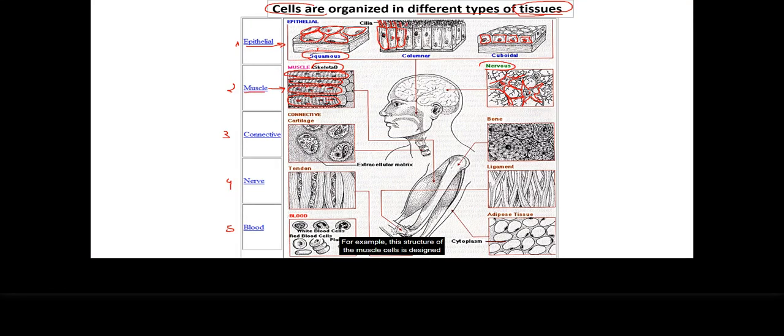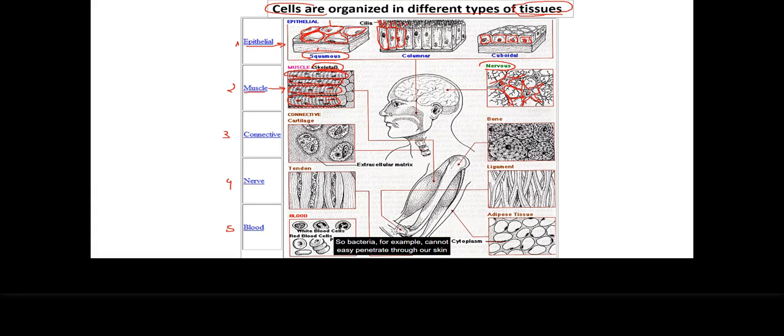For example, the structure of muscle cells is designed to contract and to move our bones. In this case, because it's skeletal muscle, it's attached to our skeleton, to the bones. But epithelial tissue, for example this squamous epithelium, is very flat, and this is how our skin looks, and this is a little more for protection.